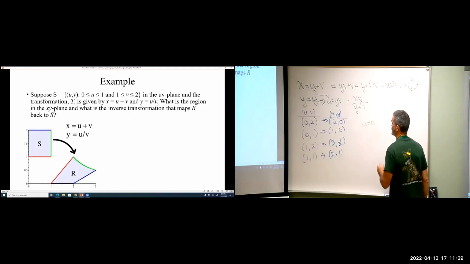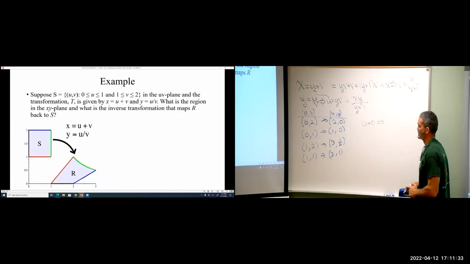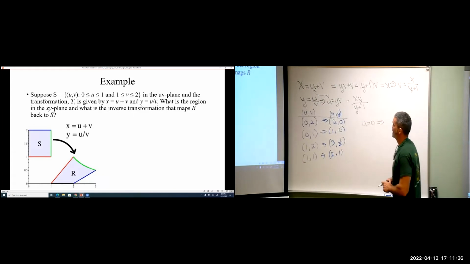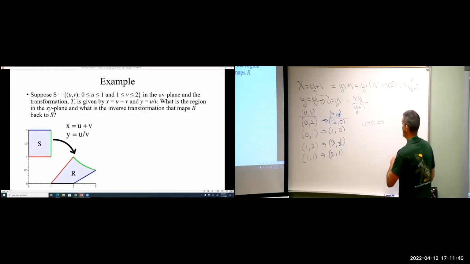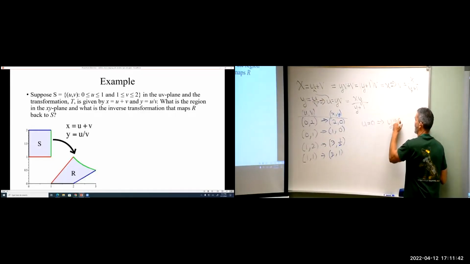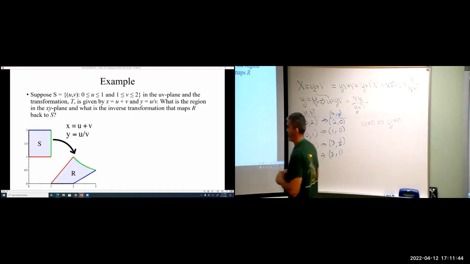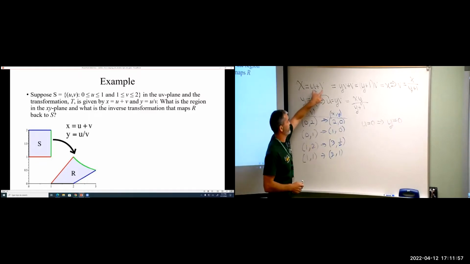So if U equals 0, what does that do for our transformations? Well, Y is going to be equal to 0, right? Which is a horizontal line at 0, and V goes from 1 to 2. V is equal to X in this case, X goes from 1 to 2. Right, because if U is 0, X is V.